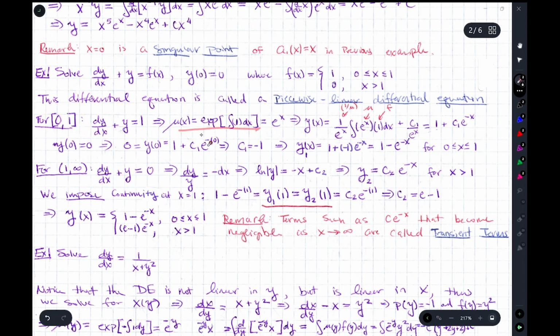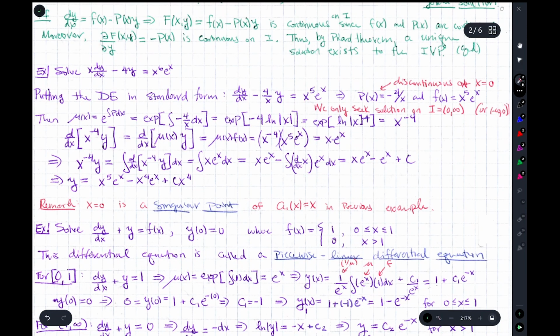Mu of x is the exponentiation of the integral of f of x, which is 1 here. And so we get e to the x. And y of x then, if we just apply the formula. So above, when I did this example, I actually walked you through the derivation, and that's encouraged.